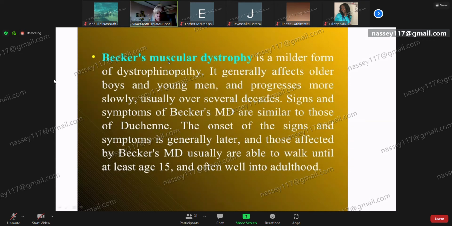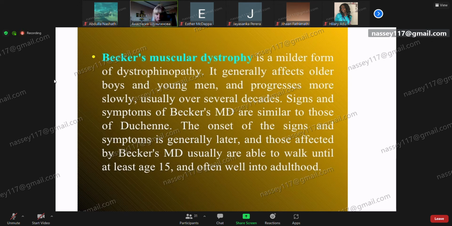So, Becker's muscular dystrophy is the mild form of dystrophinopathy. It generally affects older boys and young men and progresses much more slowly. Signs and symptoms are similar to those of Duchenne.